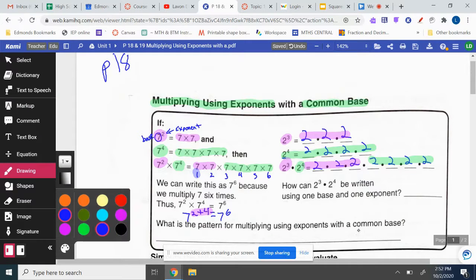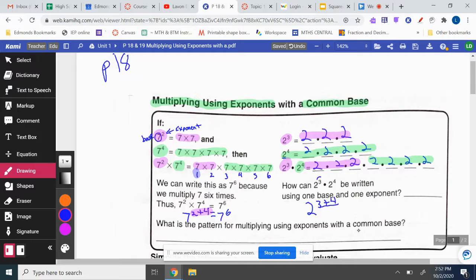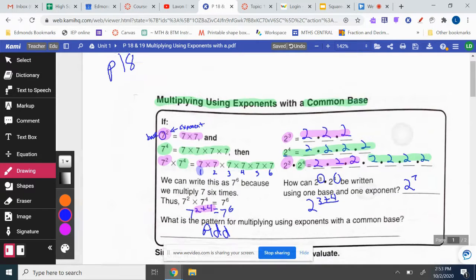They want to know. Well, if I have 2 to the third plus the 4th power coming from here and here, it can be written as 2 to the 7th. So we add. That's really how easy this is: as long as their base is the same, we will be adding.